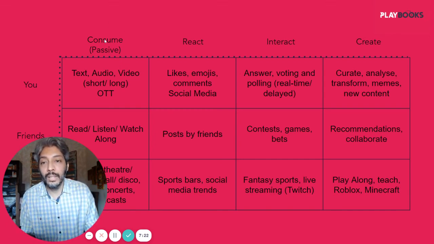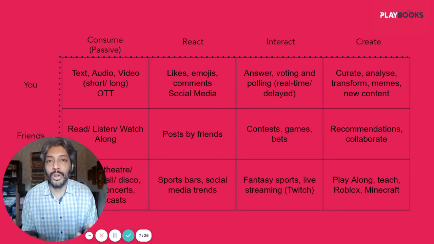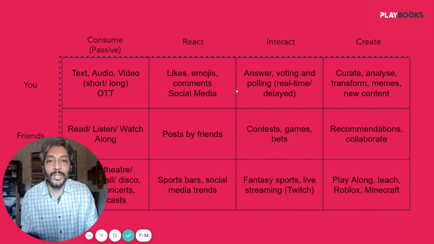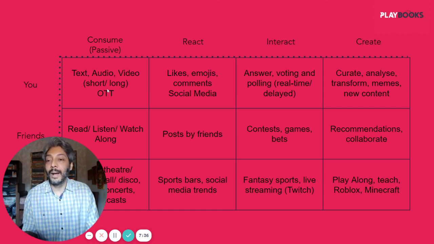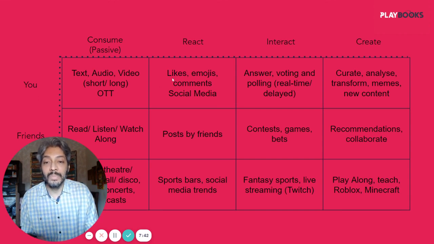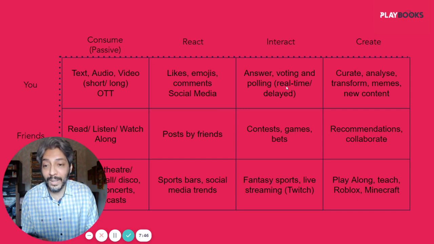So on the cell on consumption and you, text, audio, video, short content length, long content length. Pretty much the entire OTT space is here, squarely here, and they have not moved to any of the other cells, right? And that's where the big opportunity in content is. Reacting to content, so likes, emojis, commenting on social media, all sits here. Interacting with content, right?